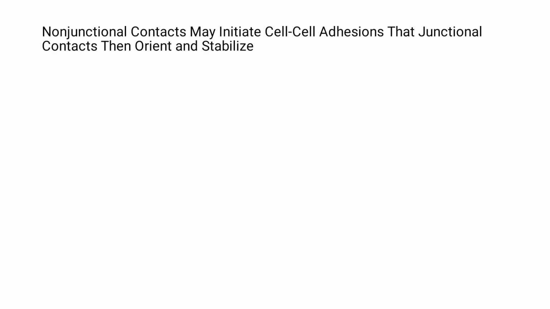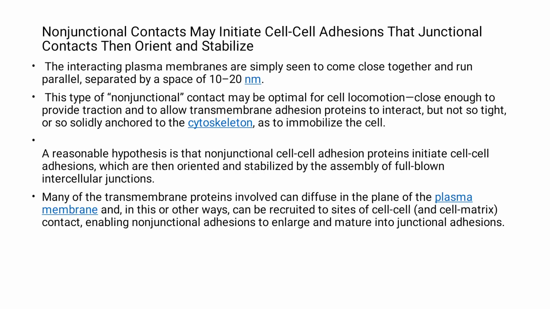And lastly, non-junctional contacts may initiate cell-to-cell adhesions that junctional contacts then orient and stabilize. The interacting plasma membranes are simply seen to come close together and run parallel, separated by a space of 10 to 20 nanometers.